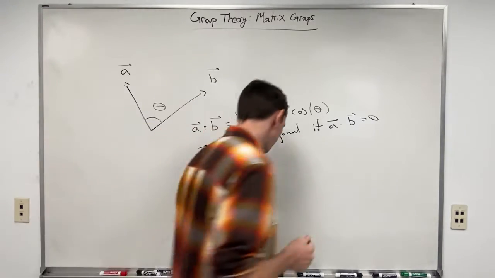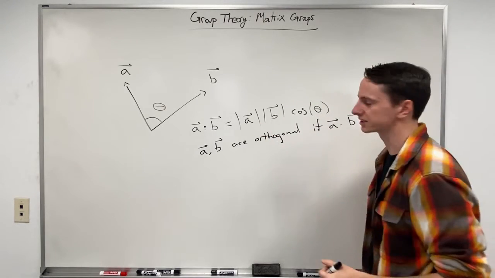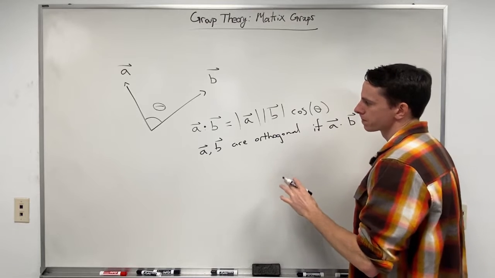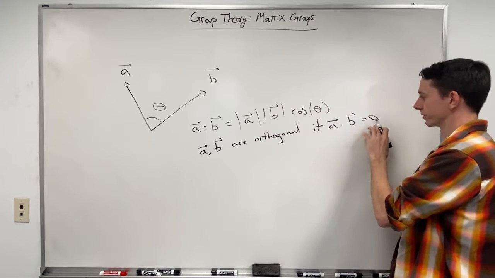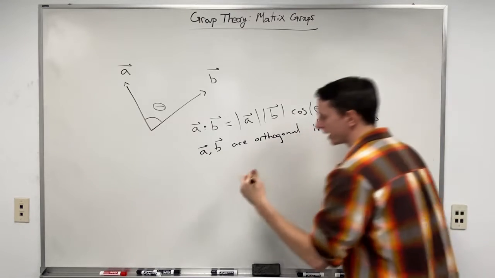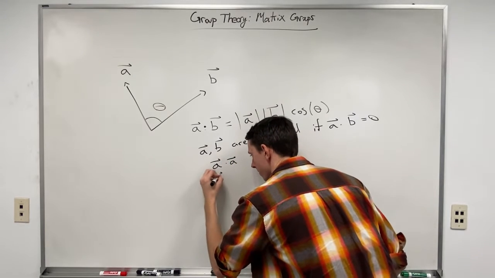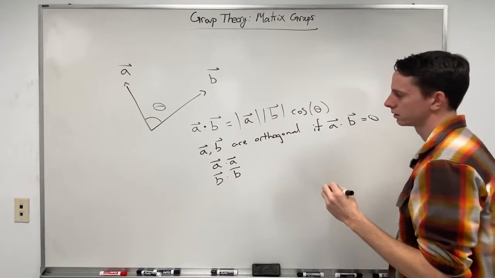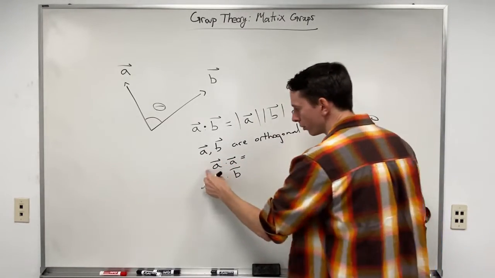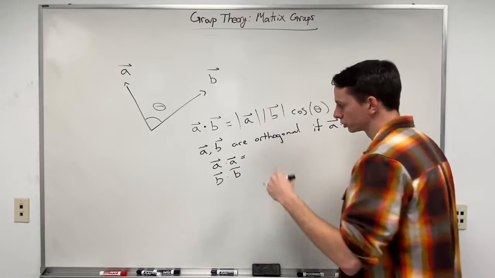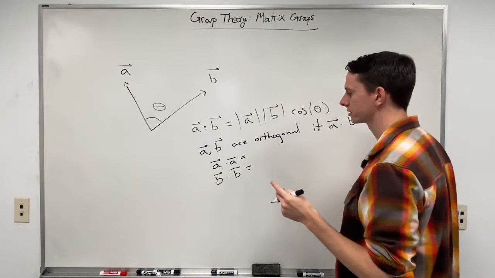The way that we could define this conceptually is that if A and B are orthonormal, their dot product is 0. A dot B is 0. But now let's take the dot product A dot A and B dot B. If A and B are orthonormal, they both have a magnitude of 1. So let's plug these dot products into the geometric definition for the dot product.